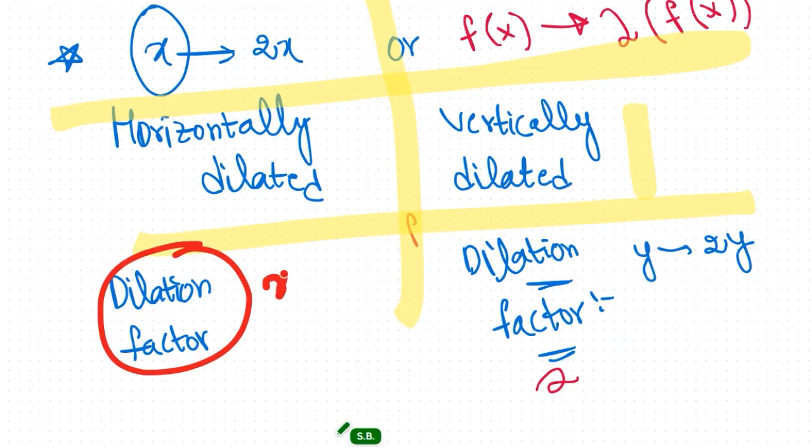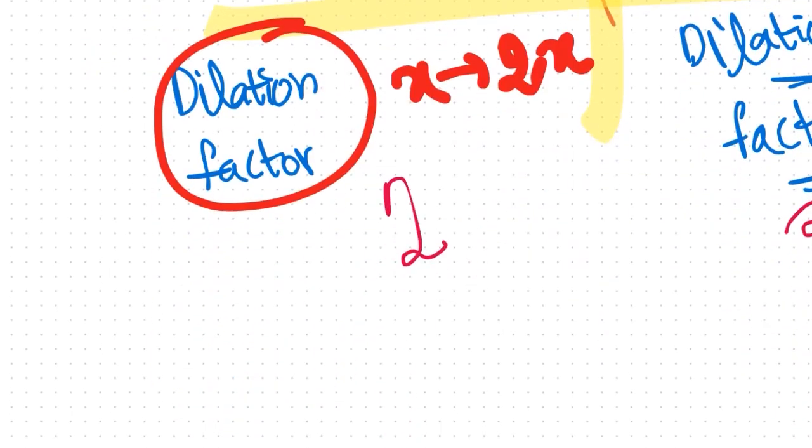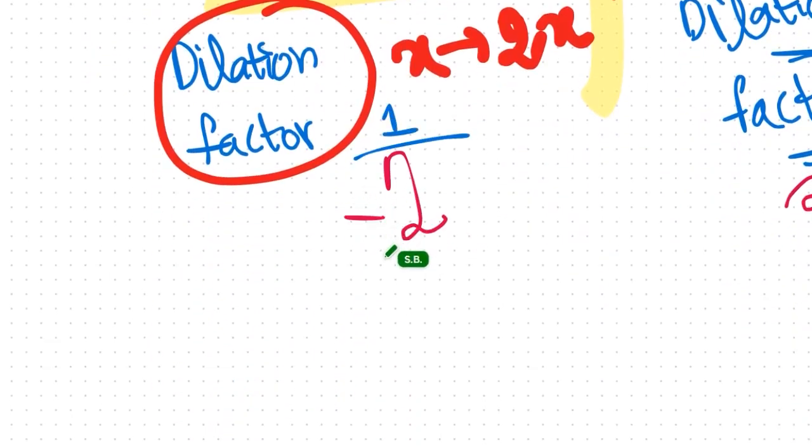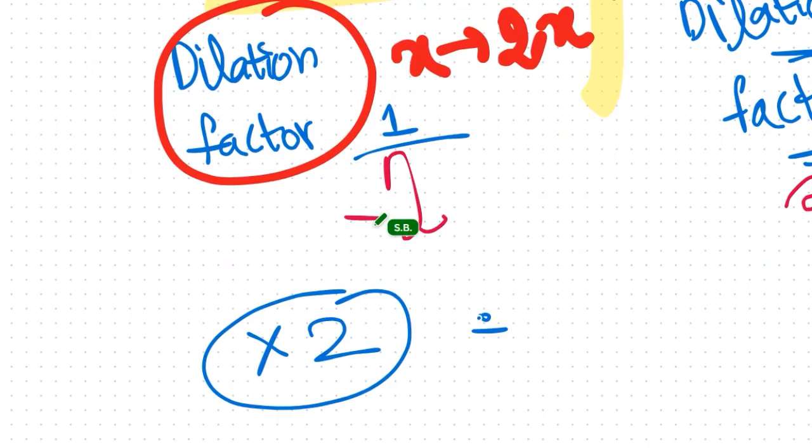For this, if x becomes 2x, dilation factor, can you guess? Well, it feels like it is 2, but counterintuitively, it is not actually 2. It is division by 2. Instead of multiplication by 2, it is division by 2.